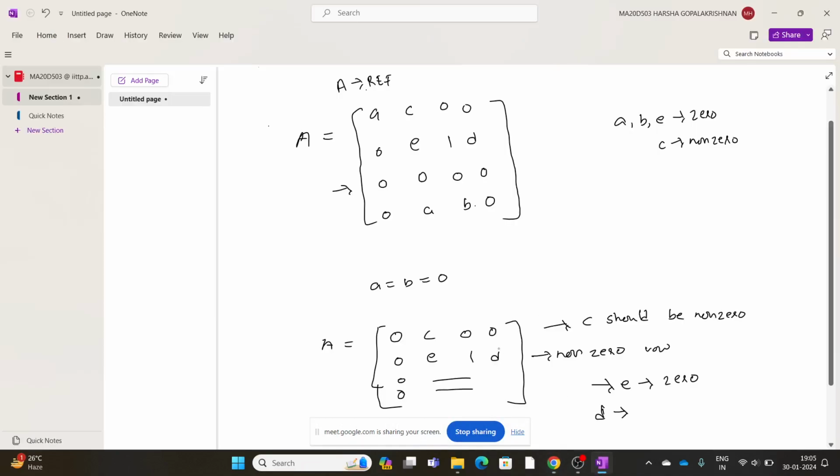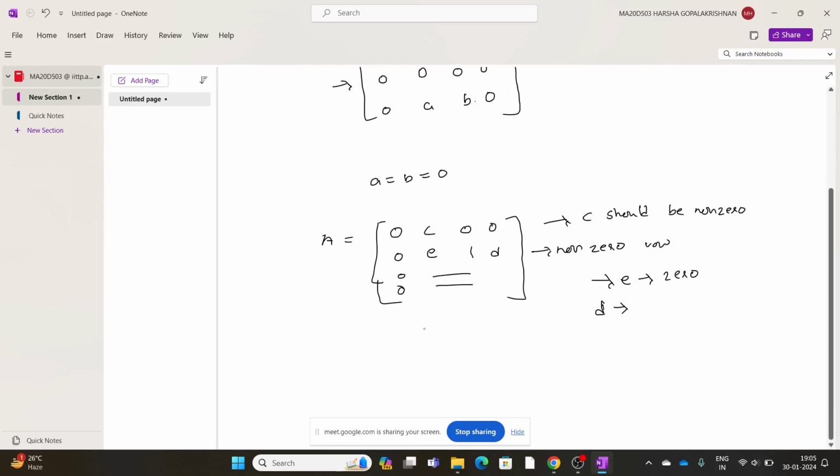Suppose D equal to 0. Now we got C non-zero and E is 0. So the first row is fine: 0, some non-zero, 0, 0. In the second row, we have 0, 0, 1, D. After 1, whatever element comes, D can be either 0 or non-zero.